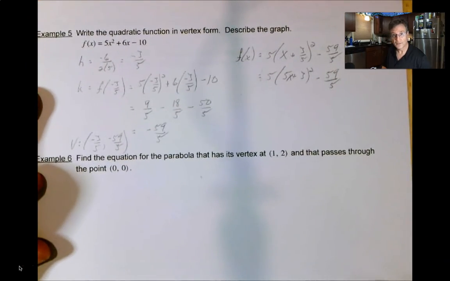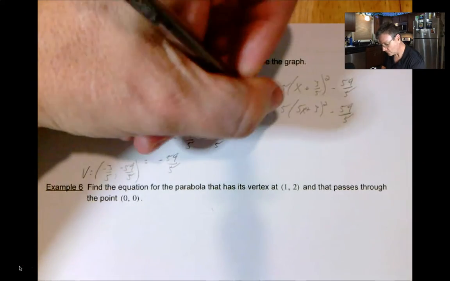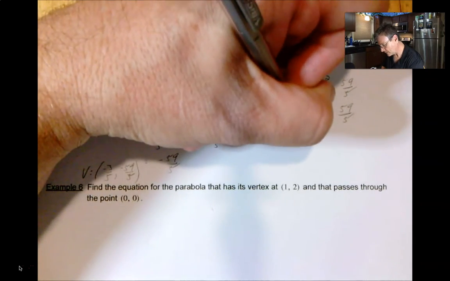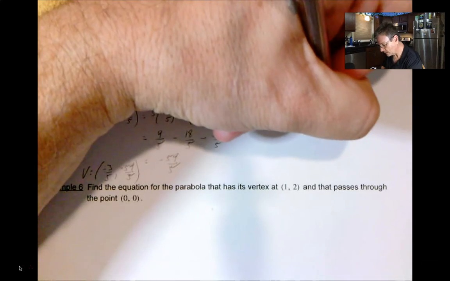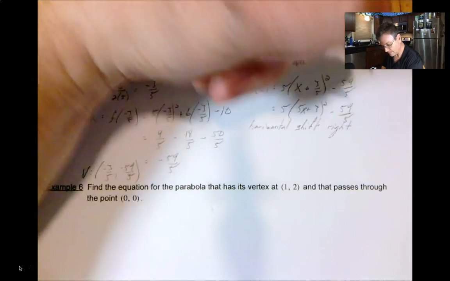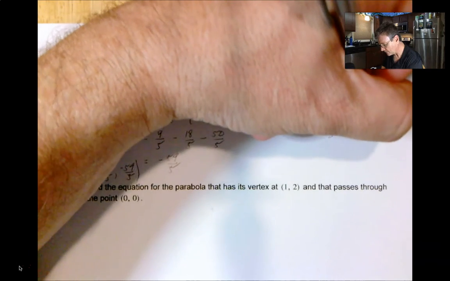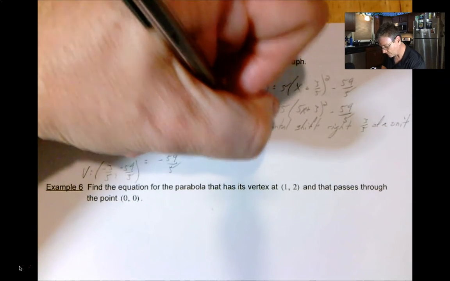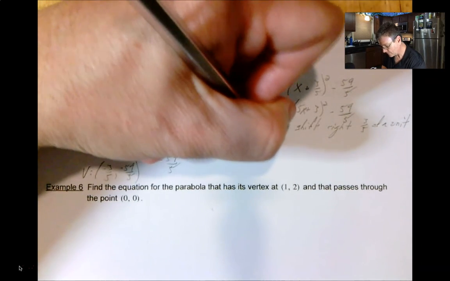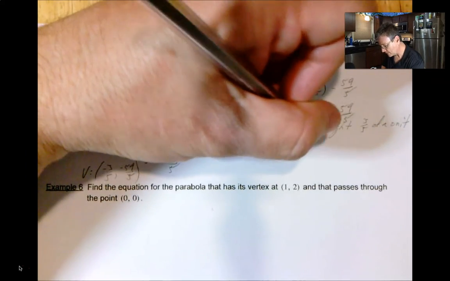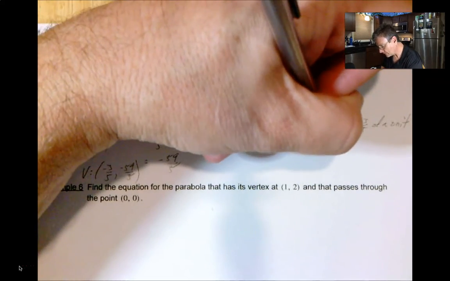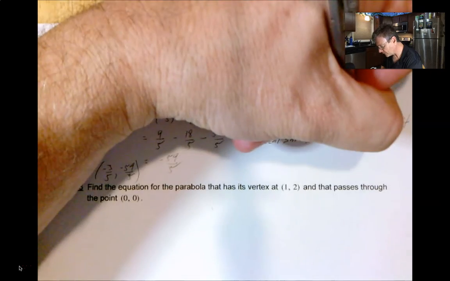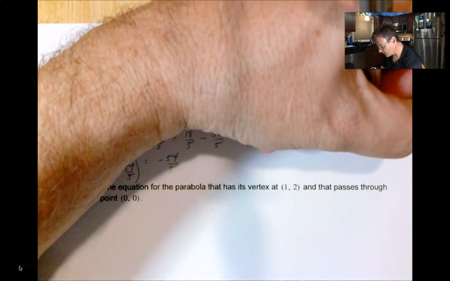The horizontal shift is going to be right 3 fifths of a unit, and the vertical shift is down, and I believe that's 11 4 fifths units.